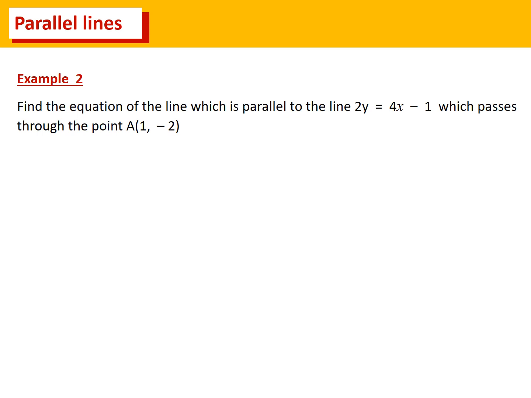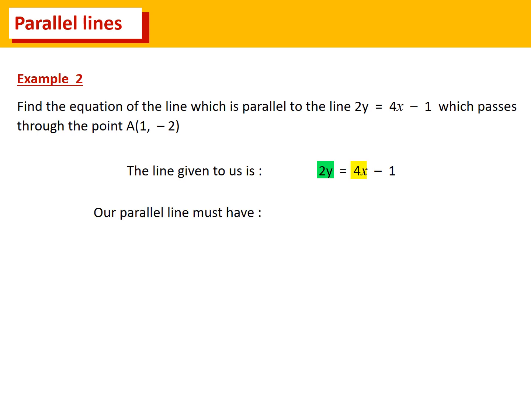Here's example number 2. Once again, there is the equation of the line. We need a parallel line to that passes through the point 1, negative 2. So our line must have 2y equals 4x in it. So that's how the line will begin, 2y equals 4x.